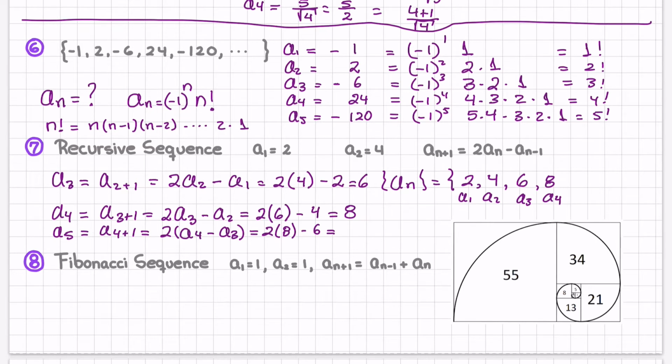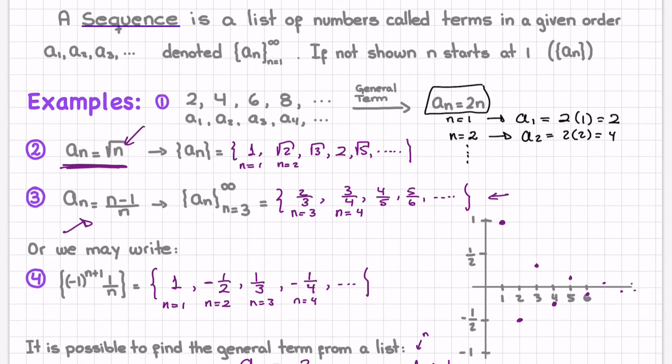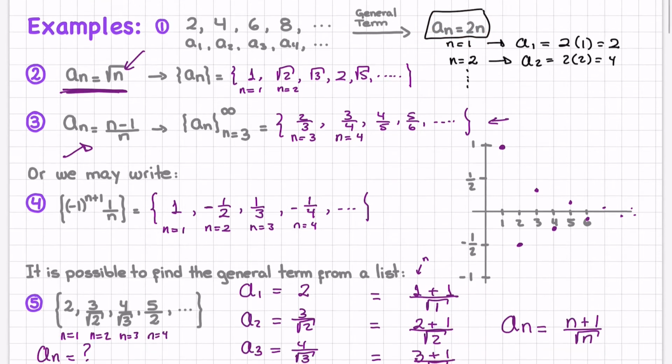And that's 10. Oh, we found another way to list the even numbers. But this is given in a recursive way, whereas this is given with one general term. Capisci?